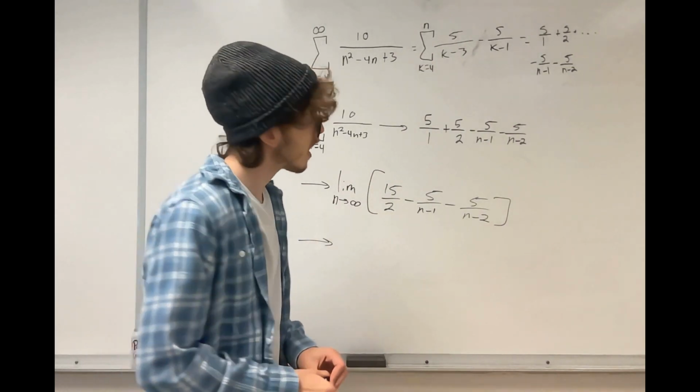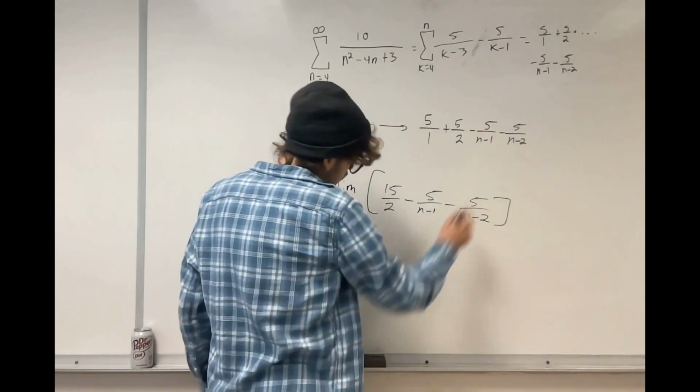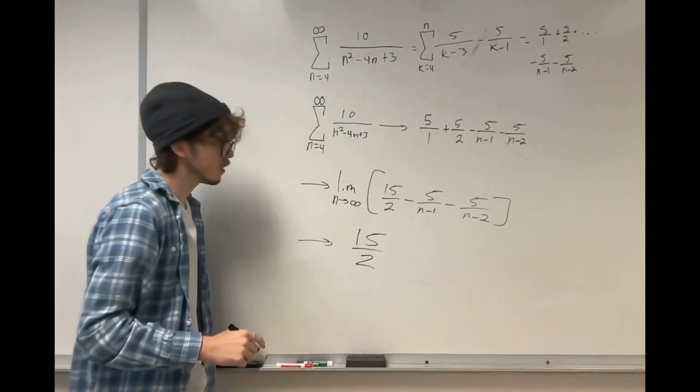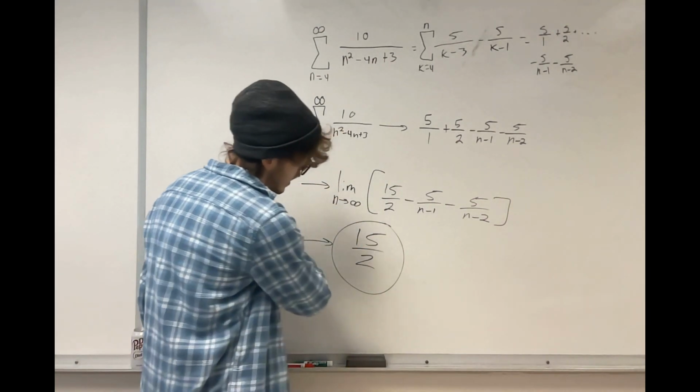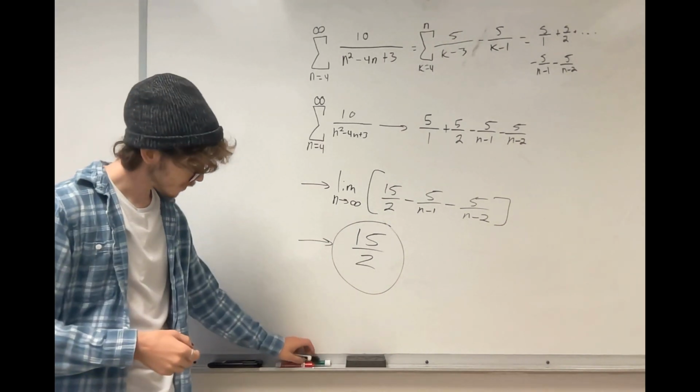I don't know what I've been smoking, but anyways, this will cancel out to 0, this will cancel out to 0, leaving us with 15 over 2 as our sum of all the terms in the series.